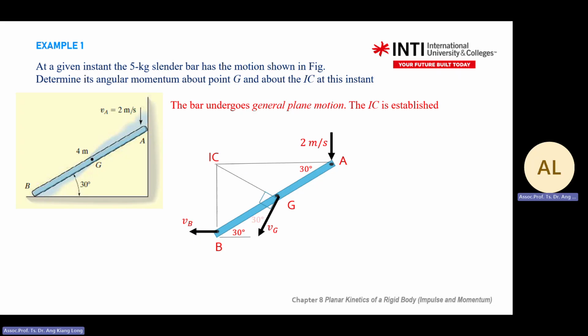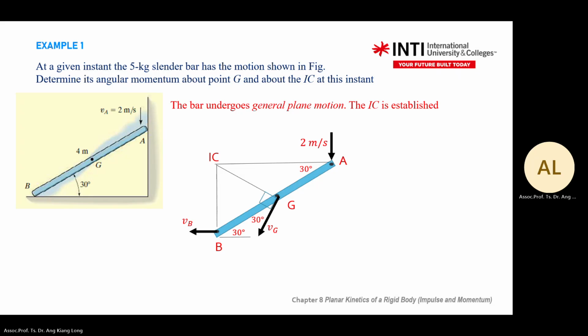Okay, how to find 30? You imagine your bar lying horizontal, then you raise it up. Your velocity, if you lay horizontal, will move to the left.